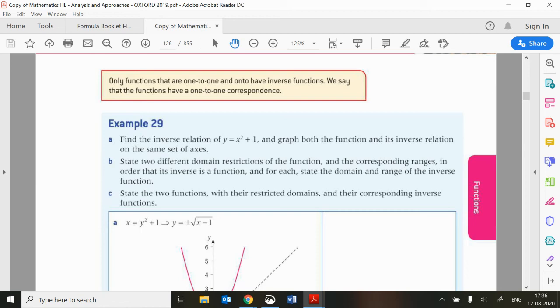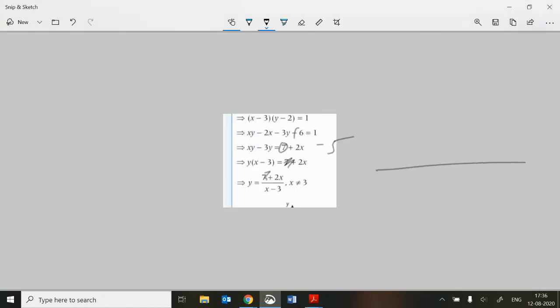In other words, we could say, for example, that this, if defined between here and here, would be the inverse function of this, reflected about y equals x between those two points as well.